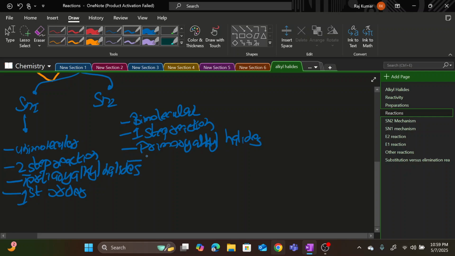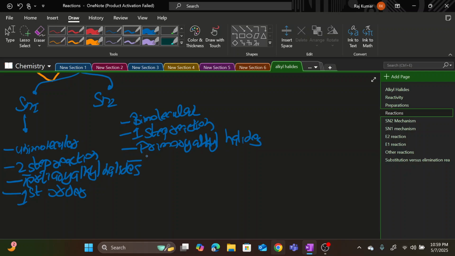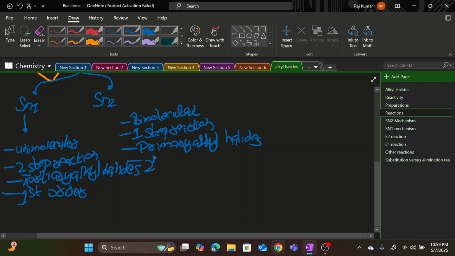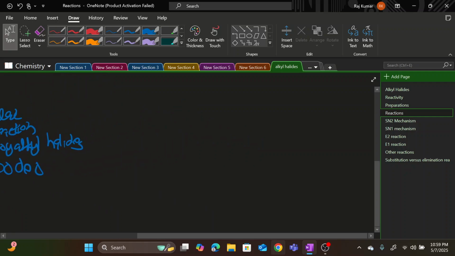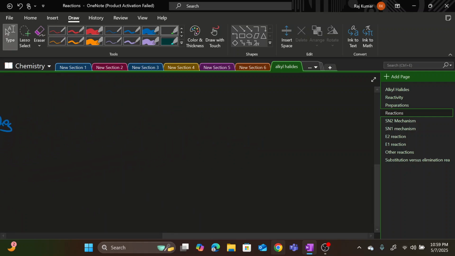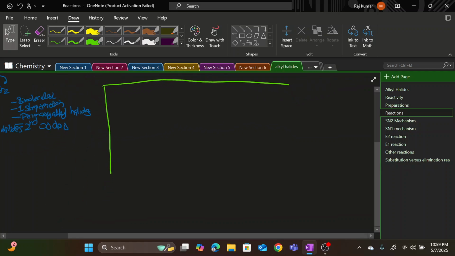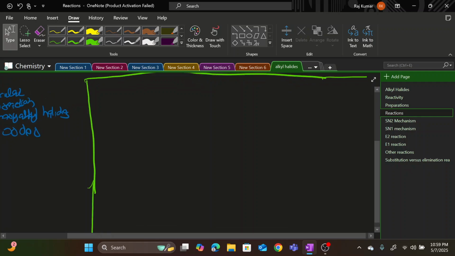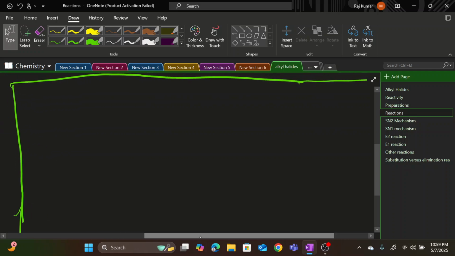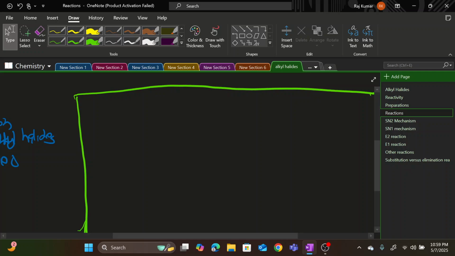Before understanding these mechanisms, we need a good understanding of some basic terminologies.